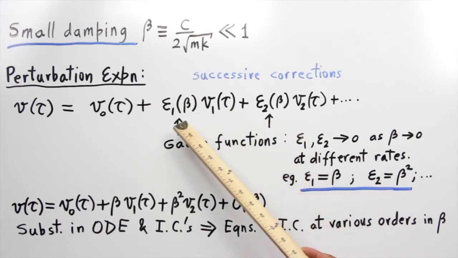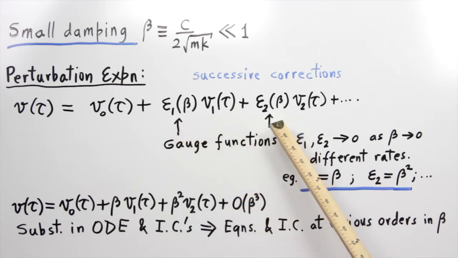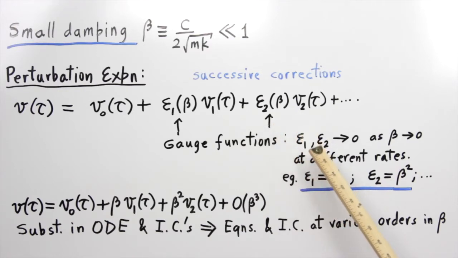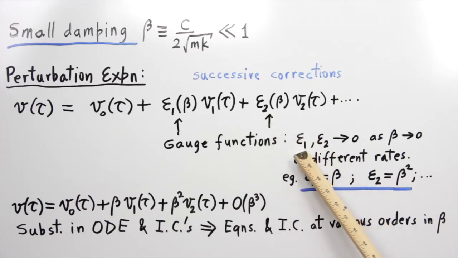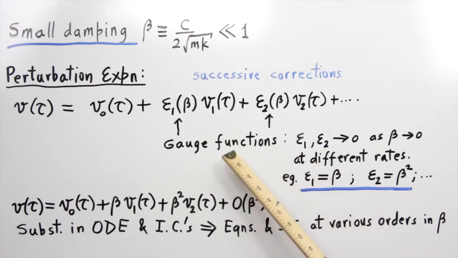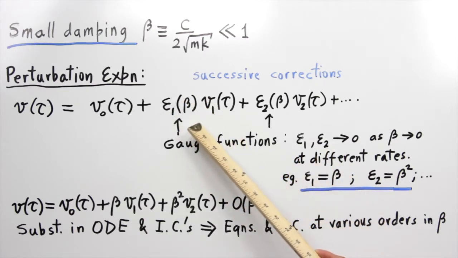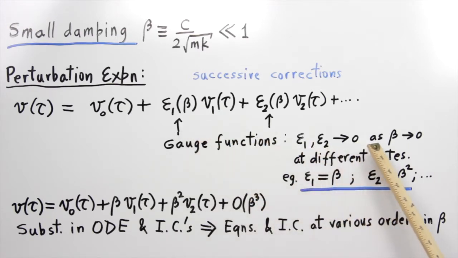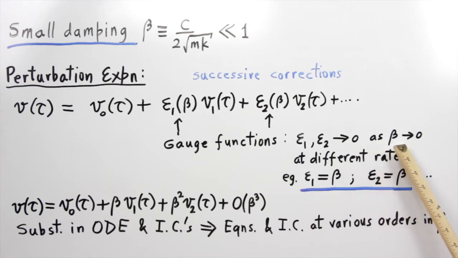And depending on the problem, these functions need to be chosen so that they represent the physics that is occurring in the problem. But all of these functions will serve the role of gauging how important the correction is for any given value of beta. And they are going to vanish as beta vanishes. And so as damping vanishes, all of these corrections will vanish.